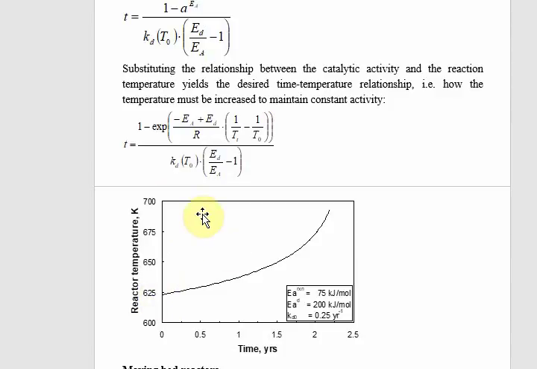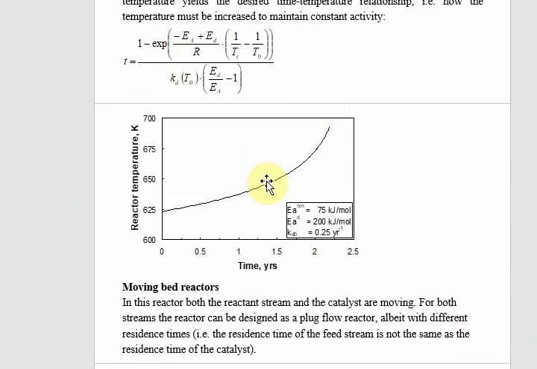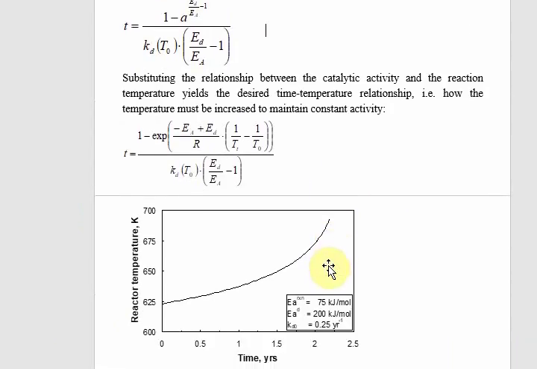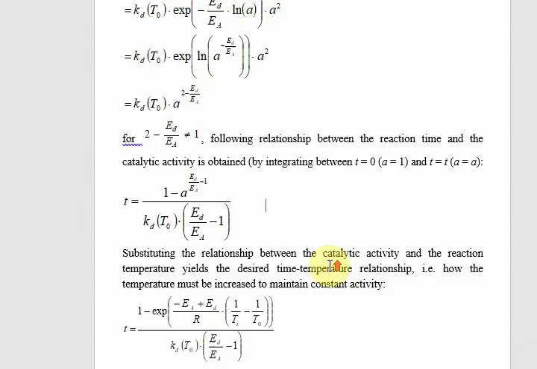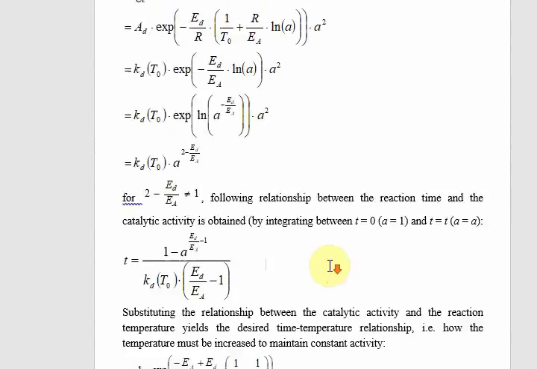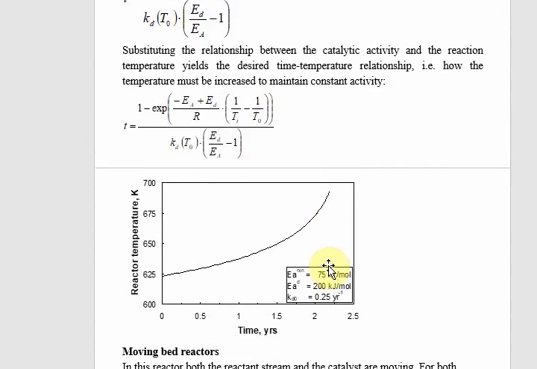So if my reactor can only tolerate 800 Kelvin, then let's just integrate this equation and see when we're getting to 800, and then say, okay, we can tolerate increasing temperature for that number of years. So this is the strategy that we can apply if we have a slowly deactivating catalyst, right? We just improve conditions in that reactor to achieve a better rate.